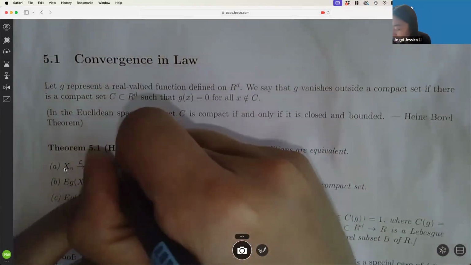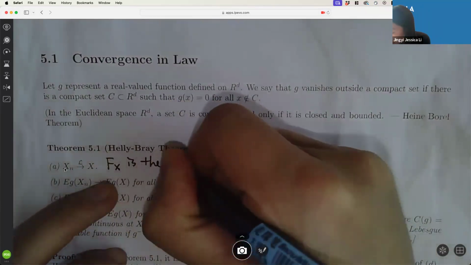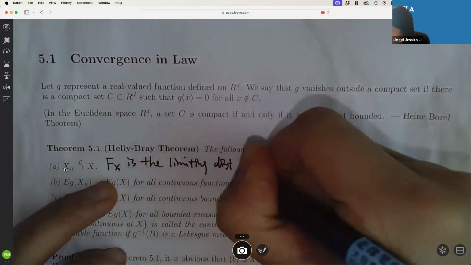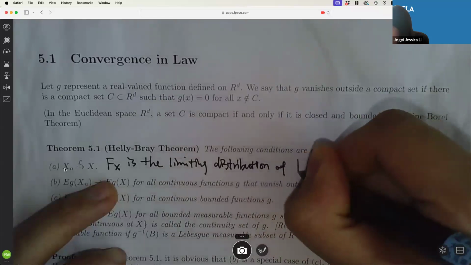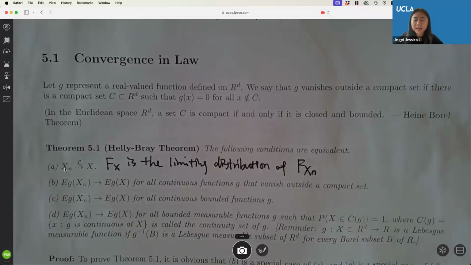Let me just write here: Fx is the limiting distribution of Xn, Fxn. So you will use Fx as the approximation if it's a nice form.